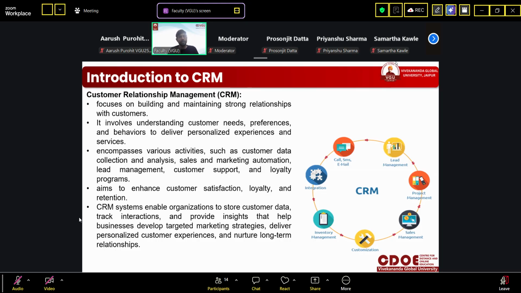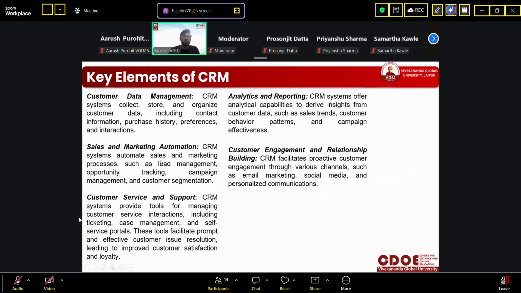CRM systems enable organizations to store customer data, track interactions, and provide insights that help businesses develop targeted marketing strategies, deliver personalized customer experiences, and nurture long-term relationships. What are the key elements of CRM? CRM is regarding customer data management.